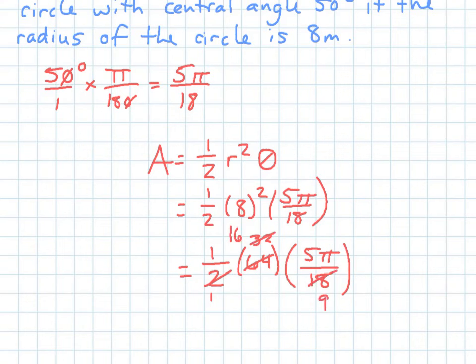That gives me 9. There's only 2's in 16, and there's only 3's in 9, so they just stop right there. Okay, so then now I want to multiply across. So 16 times 5 gives me 80 pi over 9. And that will be in meters squared, since we're talking about area of a two-dimensional shape. Okay?